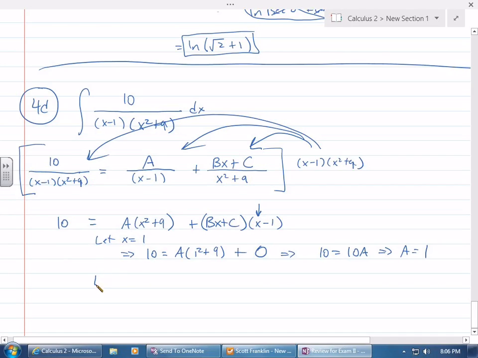Let x equal 0, just picking a simple one to evaluate. 10 would then be equal to, I know A is now 1, so I'm going to plug that in: 1 times 0 squared plus 9, plus B times 0 plus C times 0 minus 1.